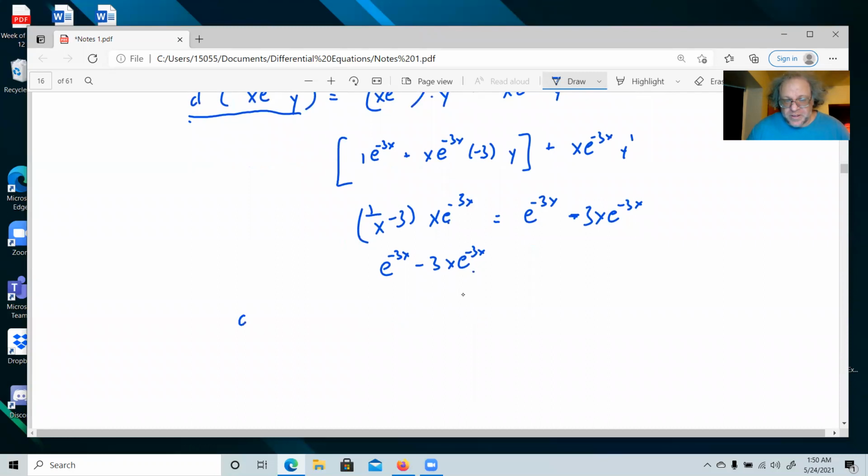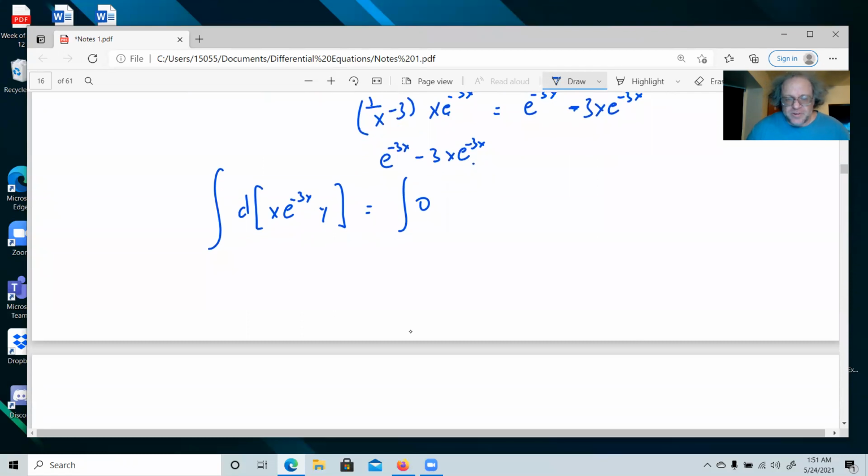So we're going to say the derivative of x e to the negative 3x y is equal to 0. Integrate both sides. We get x e to the negative 3x y is equal to a constant, since we integrate 0.